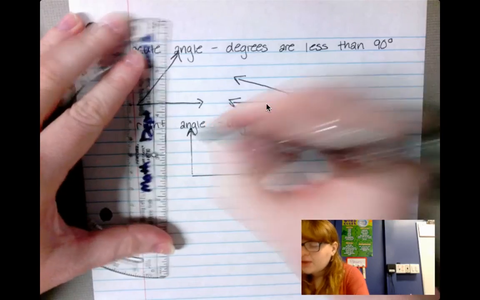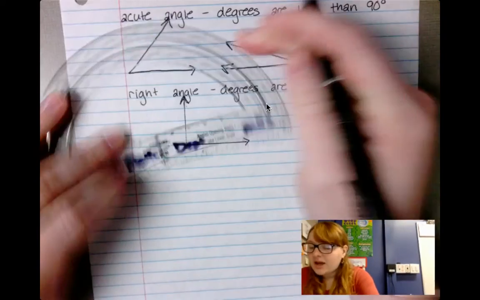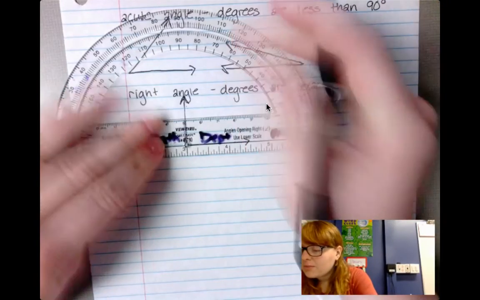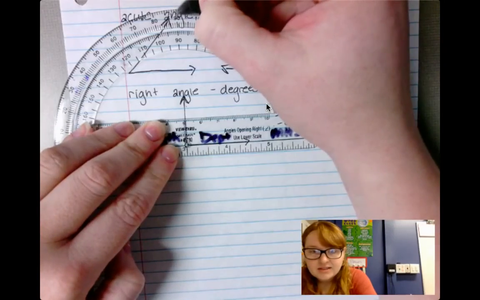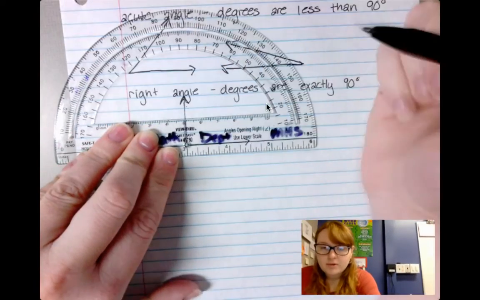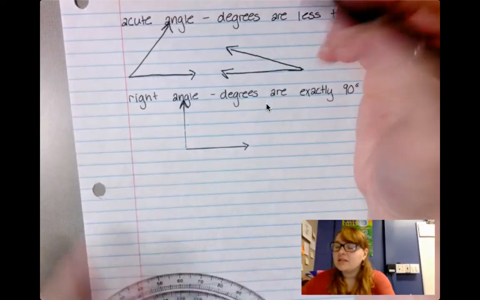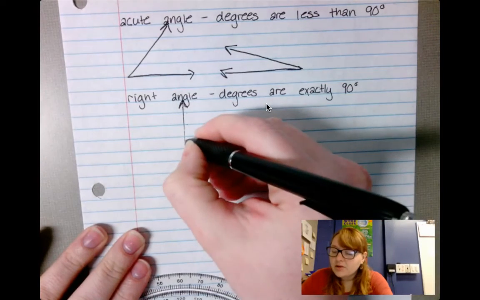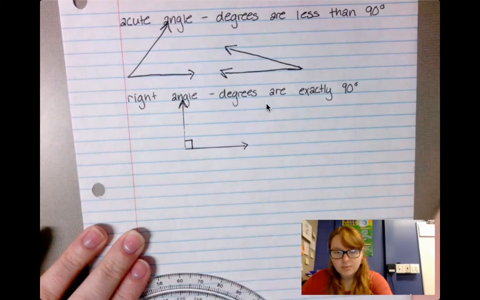Okay. So a 90-degree angle is pointed at exactly 90 at this exact top from the bottom. Okay, so since this is 90 degrees, this is a right angle, and we can notate right angles with this little box in the bottom corner.